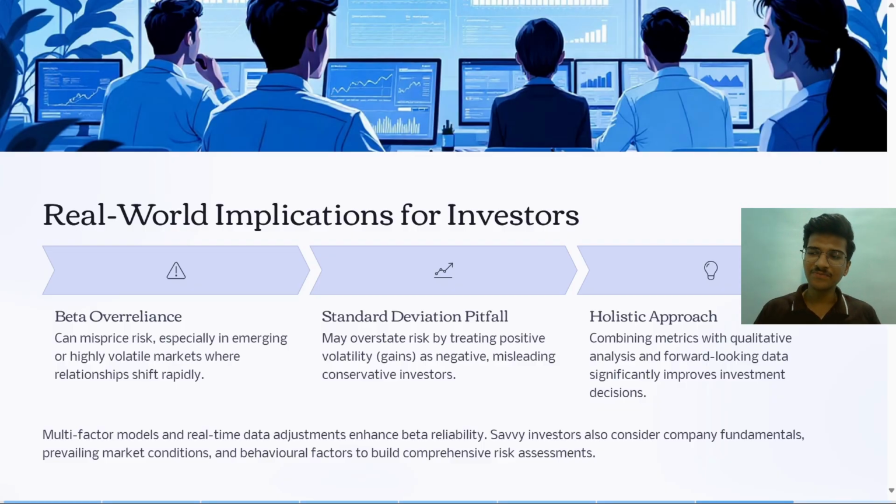This means that even having historical data or some sort of pattern, the investor has to use their own mind, intuition, and judgment to make a final decision. They cannot just put their numbers into a system or a formula and get a correct answer every single time. Every investor who understands the limitations is better equipped to make balanced decisions. Ultimately, risk is multidimensional and no single number can fully capture the complexity of financial uncertainty.